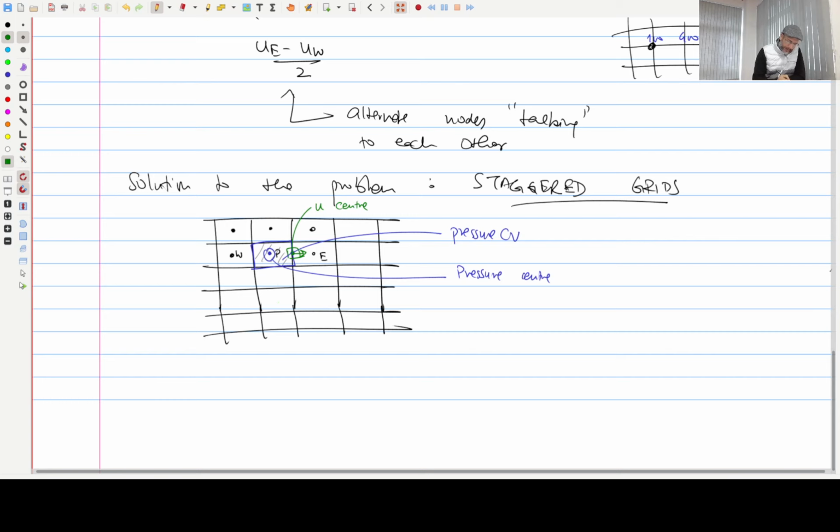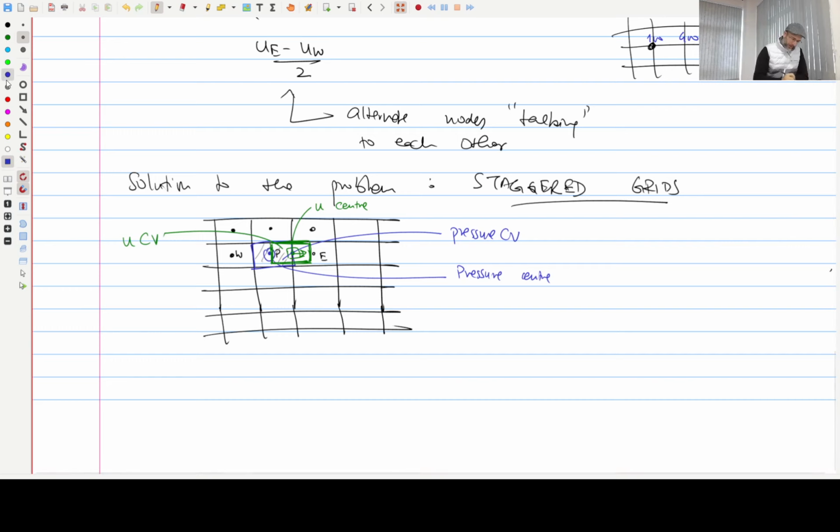Similarly, the control volume for u will look like this. It's staggered. So the control volumes for pressure and velocities are staggered. It's just like you move the control volume for velocity to the right.